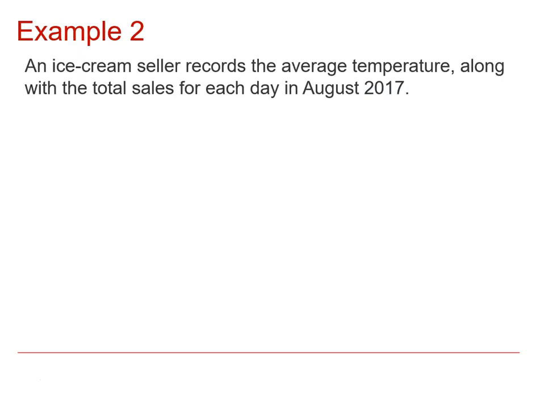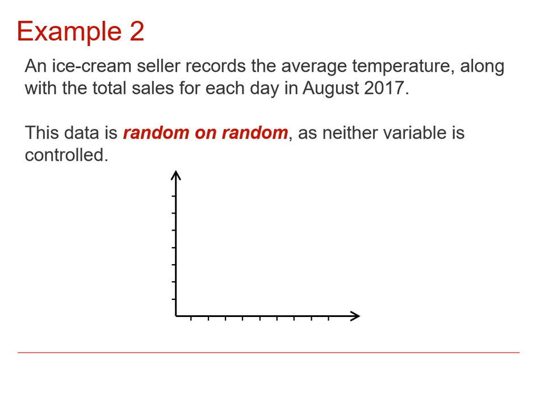So for example, an ice cream seller records the average temperature along with the total sales for each day in August 2017. It is random on random because neither variable is being controlled, but we naturally assume that the temperature is influencing the ice cream sales and not the other way round. So we think of the ice cream sales as a function of the temperature.